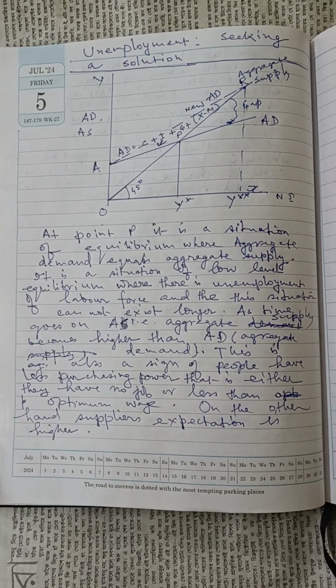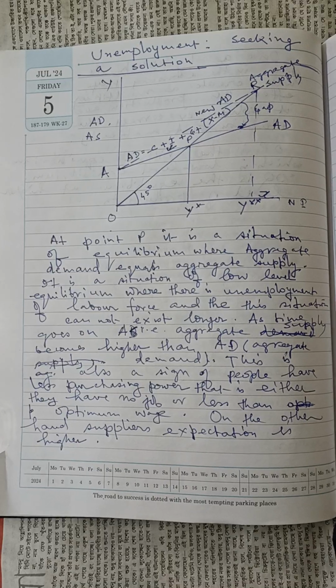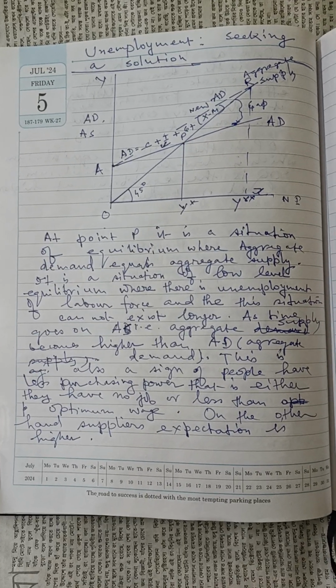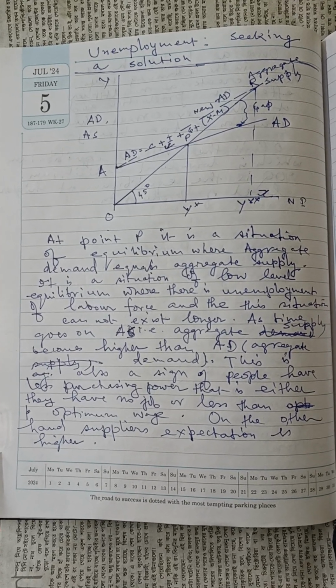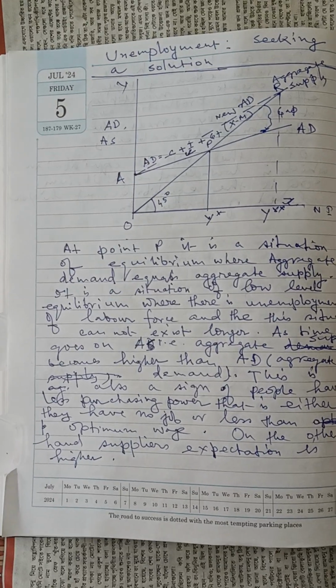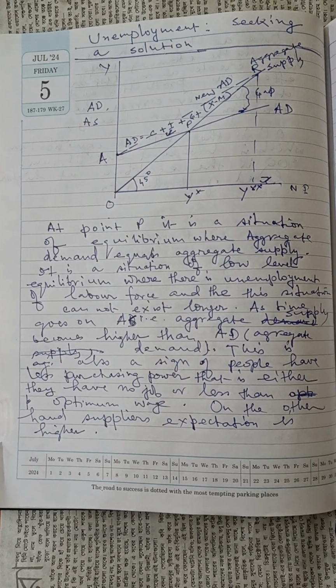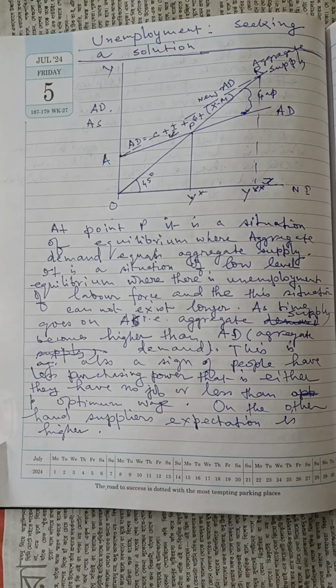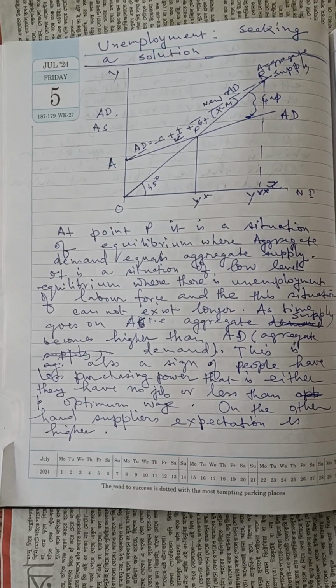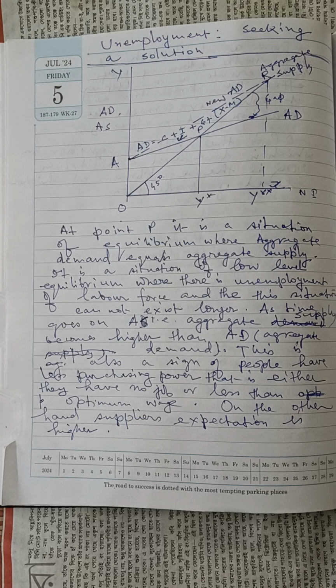Aggregate demand, AD, is equal to C plus I plus G plus X minus M. Here at point P, it is a situation of equilibrium where aggregate demand equals aggregate supply.